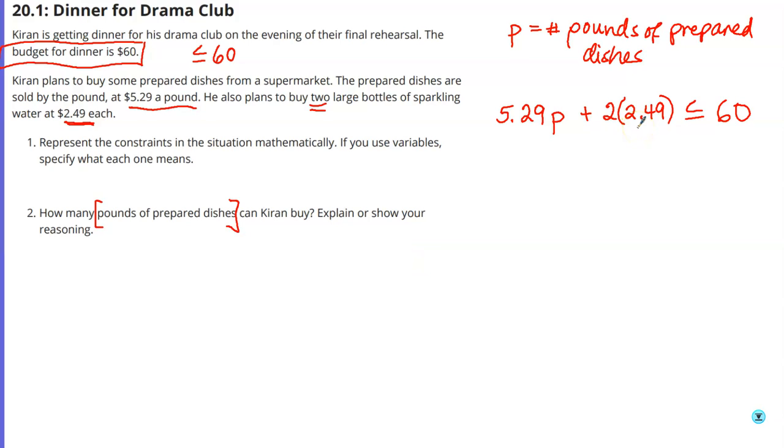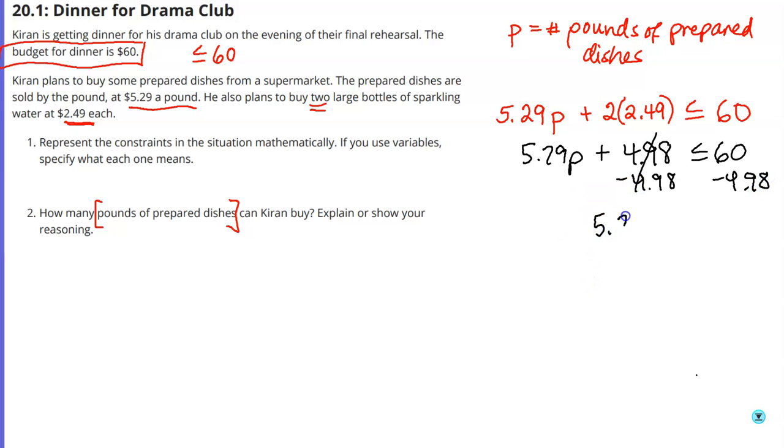Okay. So I'm going to go ahead and take 2 times 2.49 in my calculator. So this is 4.98. And then I'm going to start solving this. Remember, we did this yesterday. We said we're going to solve this just like it was an equation. So I'm going to subtract the 4.98 from both sides to cancel it out.